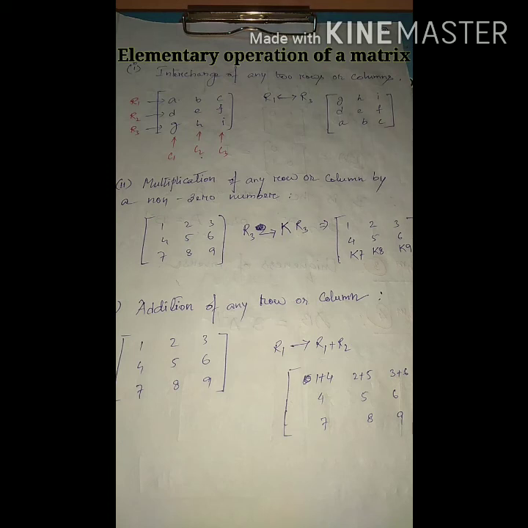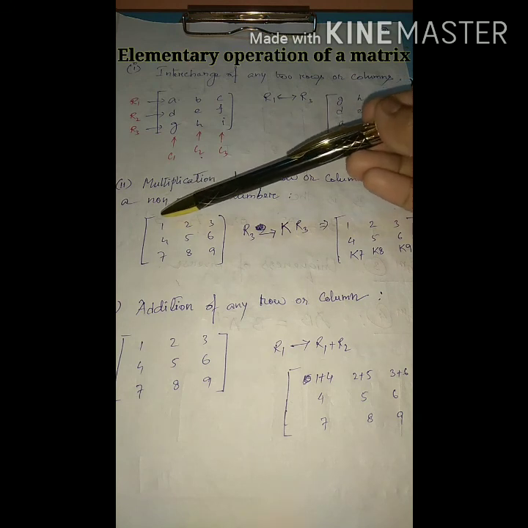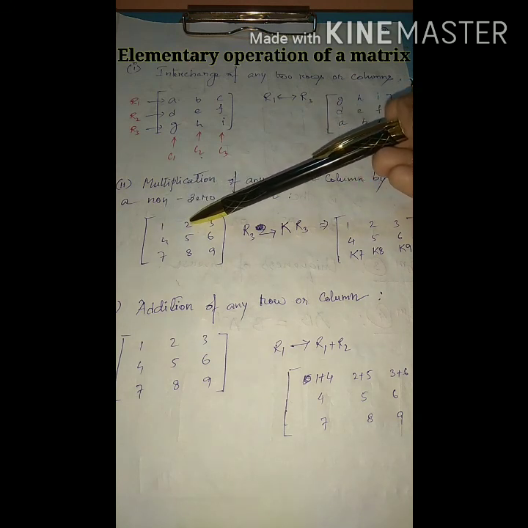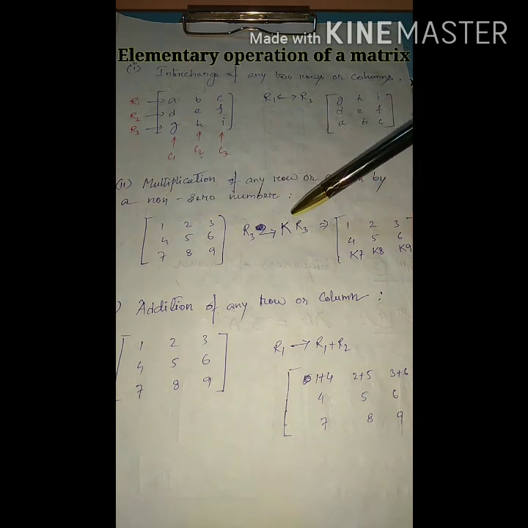Next is number 2: multiplication of any row or column by a non-zero number. Non-zero number means any scalar quantity. If you consider any one row or column and multiply it by a non-zero number, suppose k, we write the result like this: R3 transforms, not interchange, transforms to k into R3.